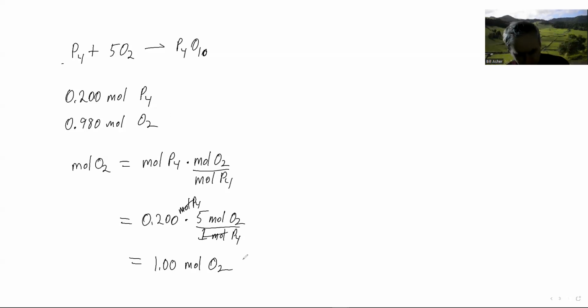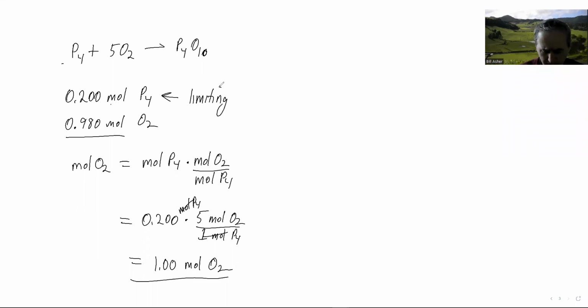Okay. So is this number here greater than this number here? Yes, and that means that there isn't enough oxygen in our system to react all of that P4, right?